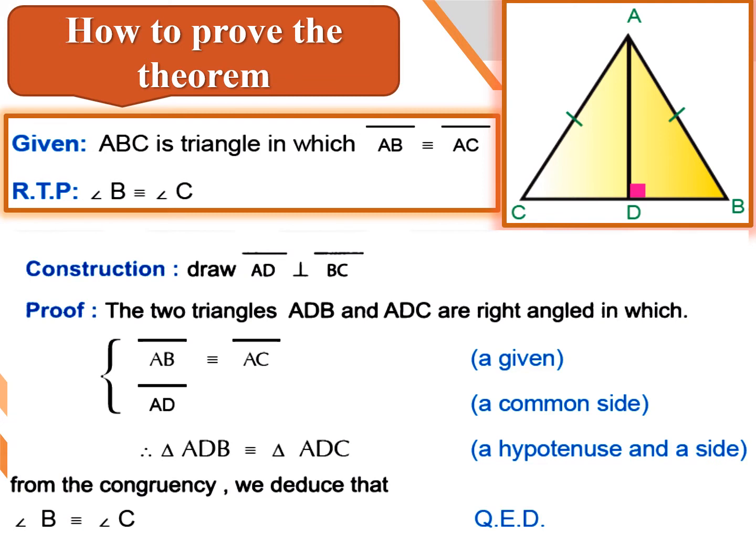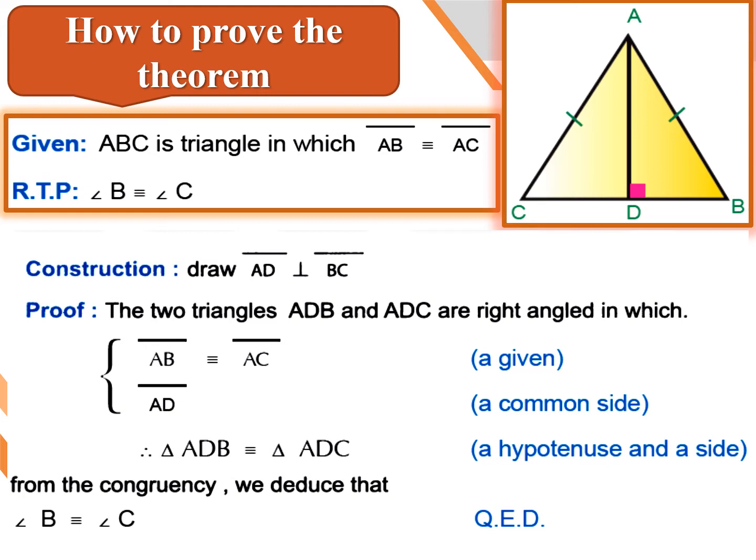When I make AD perpendicular to BC, I divide triangle ABC into triangles ADB and ADC. We use congruency of triangles ADB and ADC.